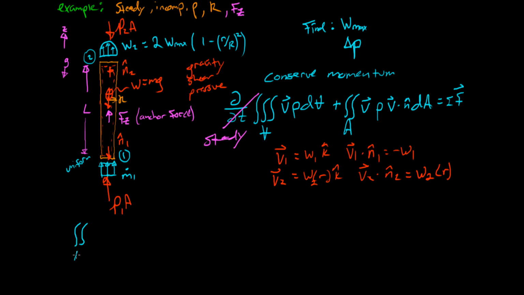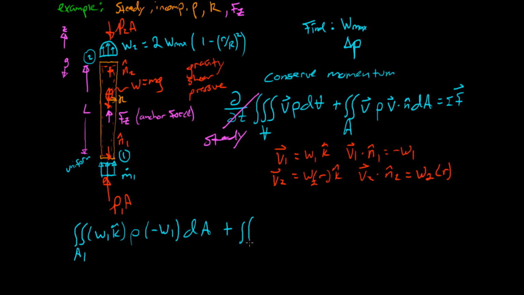So we're going to integrate over A1. Remember, we want the whole vector of V1, so that's W1 k hat. Then we want rho. Now we want V dot n at 1. Well, that's a minus W1. And all of that is multiplied by dA.